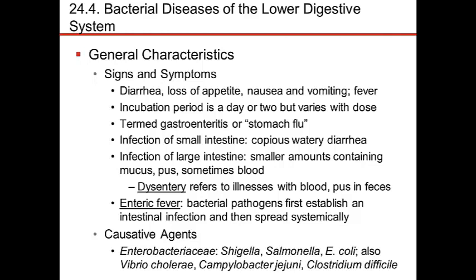And diarrhea is the basis for the classification of GI infections into three major syndromes: those that cause watery diarrhea, those that cause dysentery, and those that cause enteric fever. The most common form of GI infection is watery diarrhea.